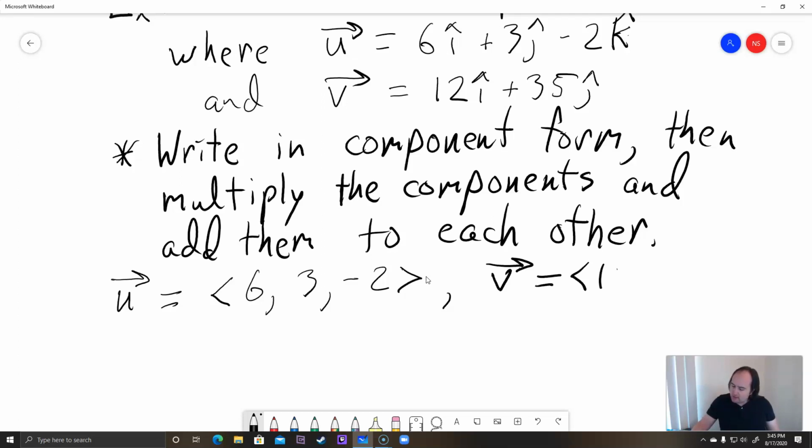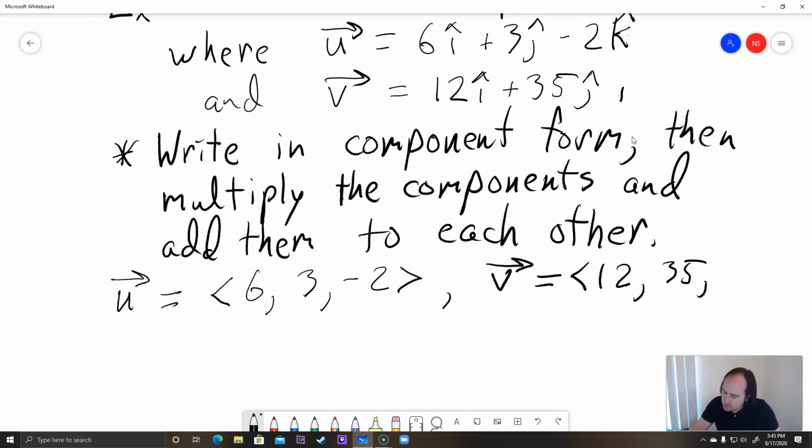So that's going to be 12, comma 35, but then we need a last component. Vector v has an i, which is the x component. It has a j, which is the y component, but it's missing a k, which is the z component. So for that one that it's missing, we're going to have to put in a 0.